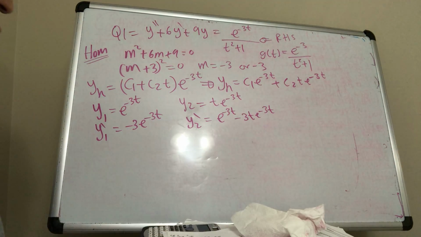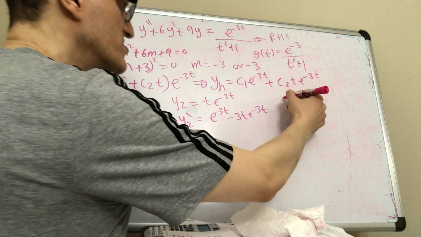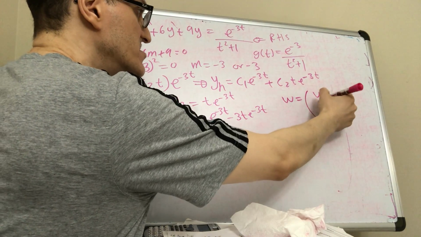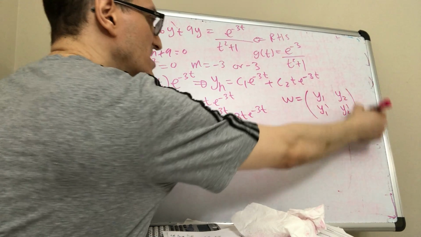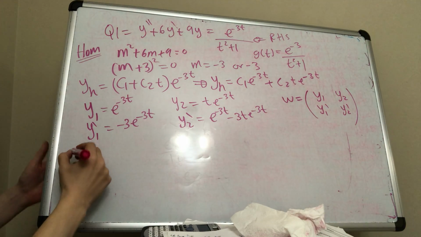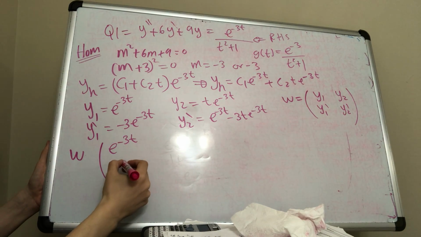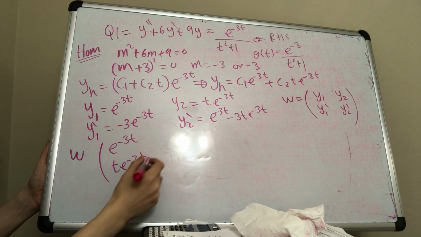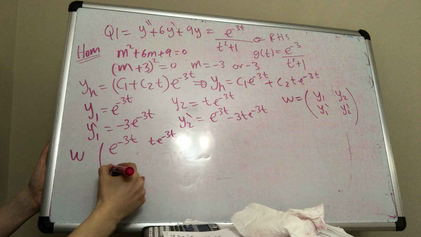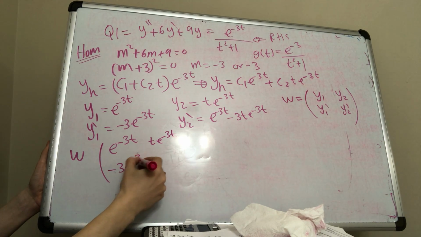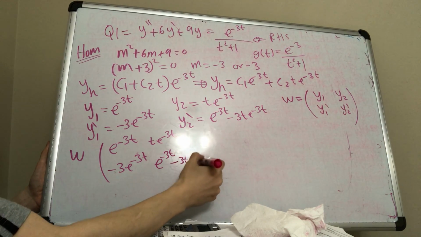So this is the derivative for the second one. Now we apply the Wronskian, and remember it's y1, y1 prime, y2, and y2 prime. Y1 is this, Y2 is this. The derivative is here, and the derivative is here.